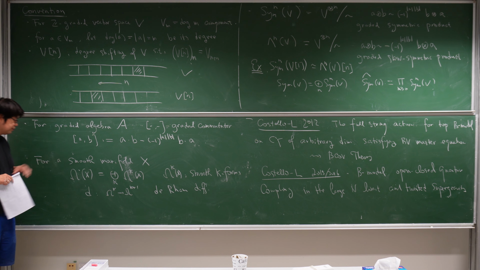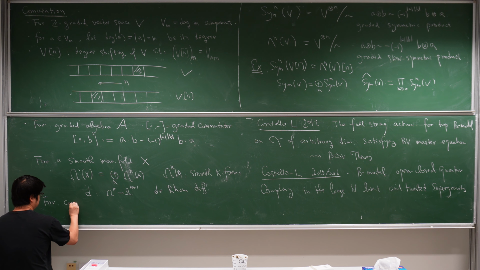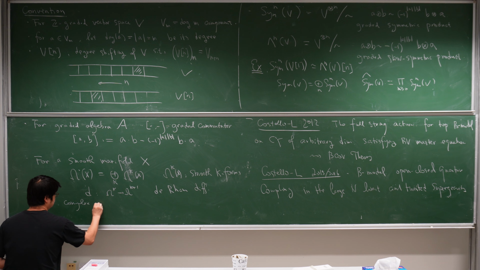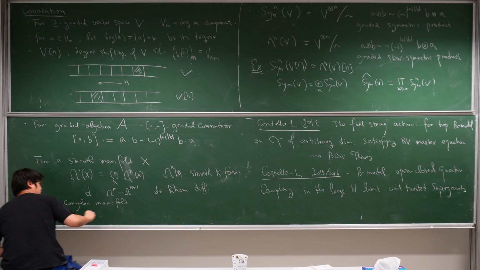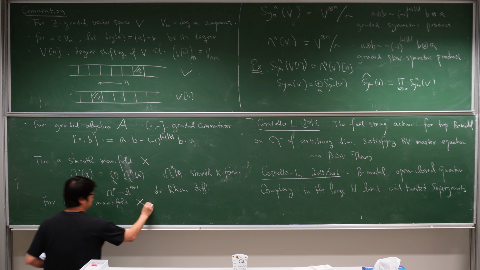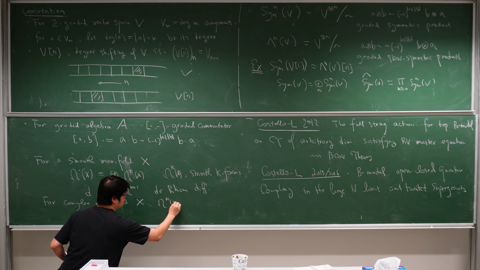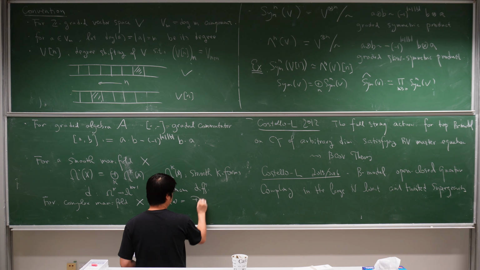And then, most of the time, we're going to work with a complex manifold. In this case, my differential forms have a decomposition into types: omega k is decomposed into (p,q)-forms, where p plus q equals k.